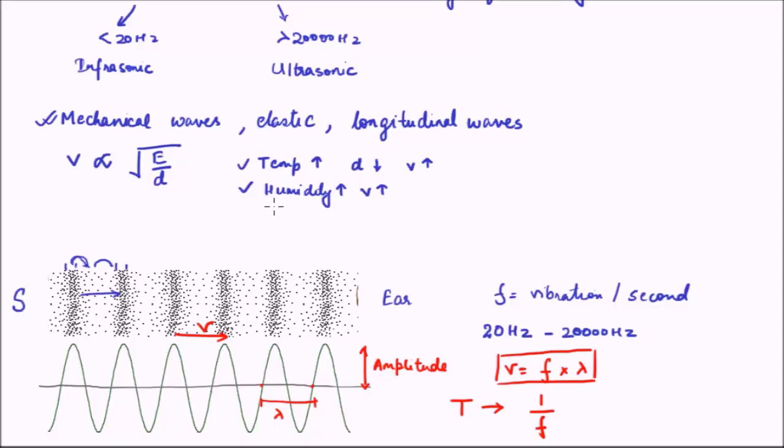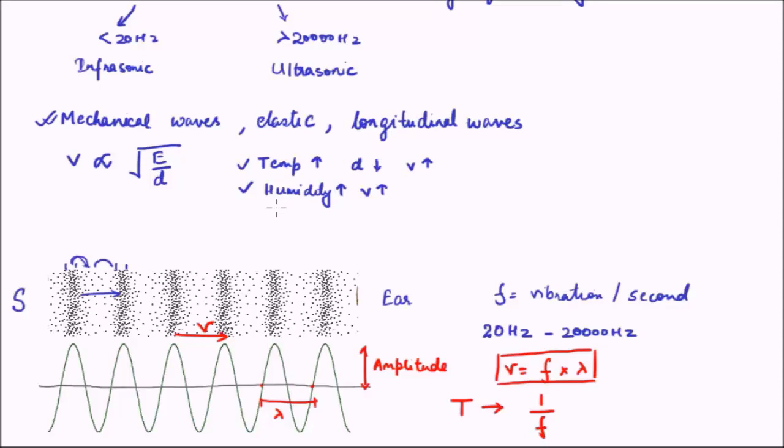Okay, so we have seen some properties of sound waves and how the velocity can be changed. Sound waves also follow the same basic principles which light waves follow. That is, they get reflected, they get refracted, and there is some energy loss due to friction from the surrounding atmosphere.